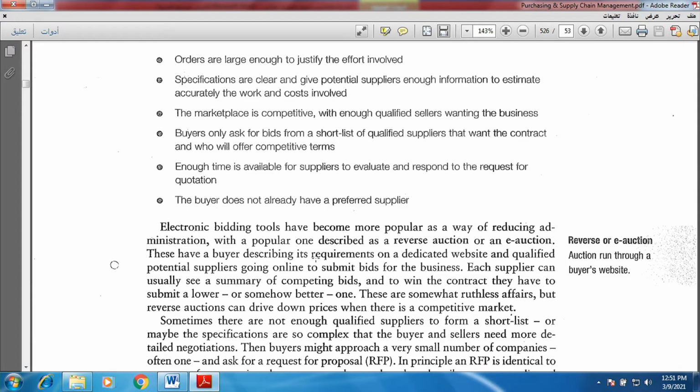We have a simple example here. Our UNRWA offices in the Palestinian territories can offer their requests through their website, asking the suppliers, for example, when we want to build a school or a hospital or some service area, we can contact our contractors and tell them to provide their technical proposals for building this school and their financial offers through this website.